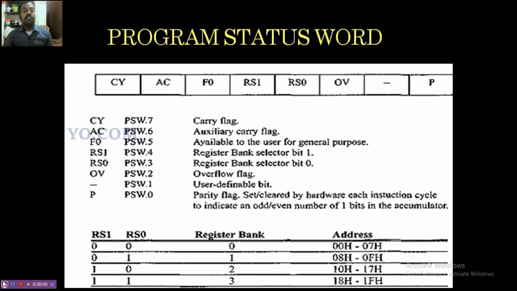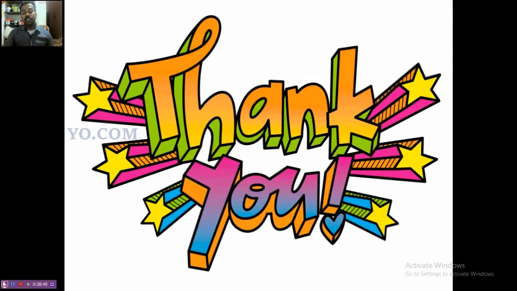The auxiliary carry flag indicates a carry out from the lower nibble. That is, if the lower 4 bits of the 8-bit data produce a carry, the auxiliary carry flag is set. The carry flag is used to indicate the carry at the most significant bit, MSB. These flags are also used in the 8086 microprocessor, which has parity, overflow, carry and auxiliary carry flags. So this is the program status word.